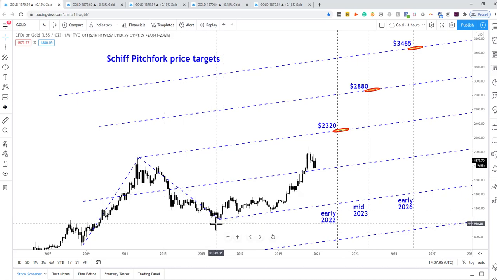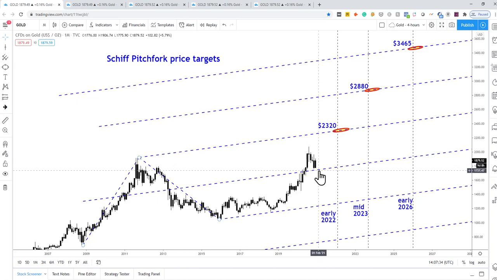So we get this pivot point, and then a little bit of a rally. Price didn't make it up to the median line. We bump along, then we test the lower median line, and that test gives me a little bit of confidence in this fork. And then we get some interaction here at the central median line.